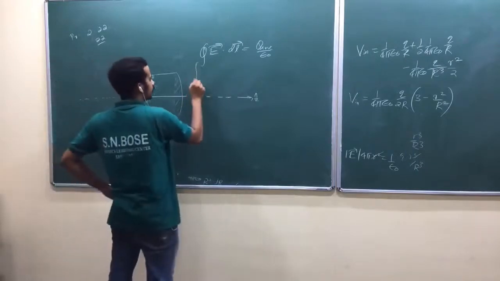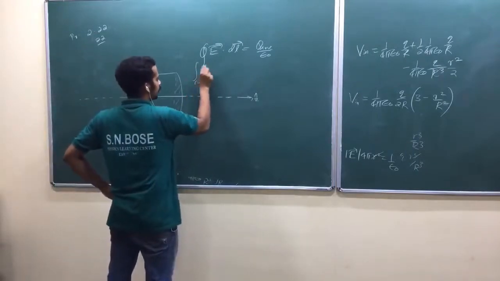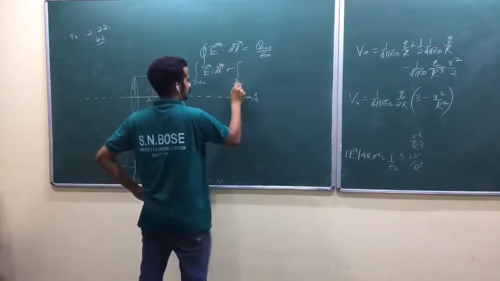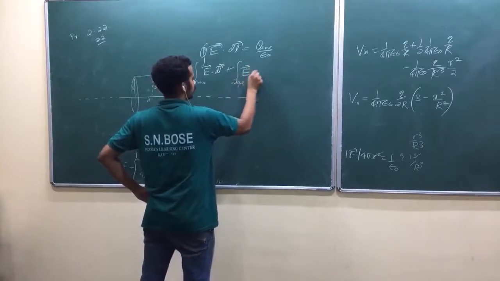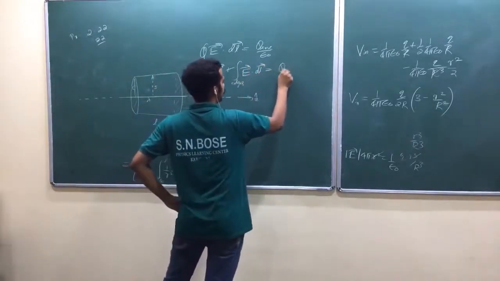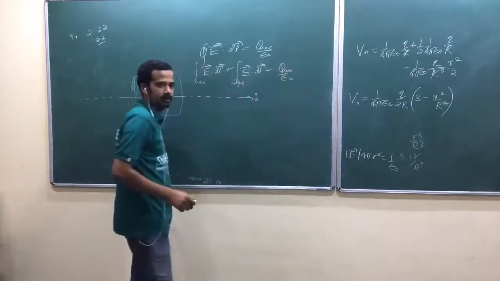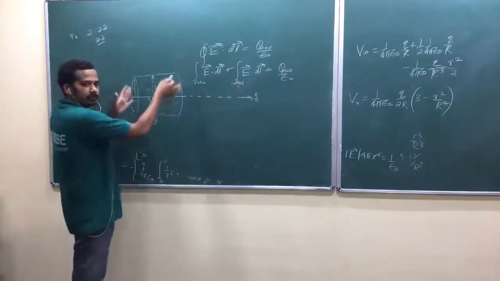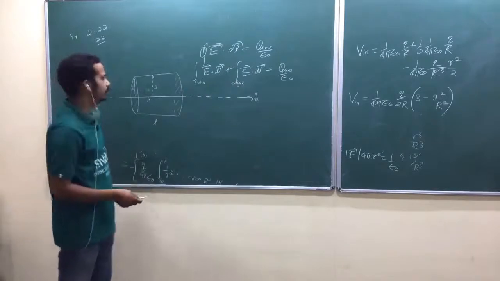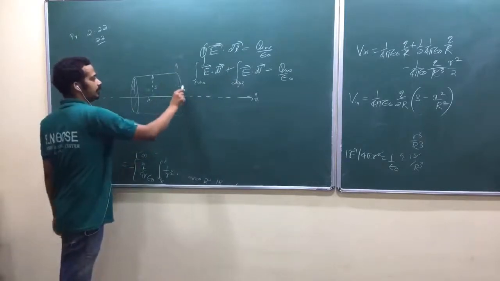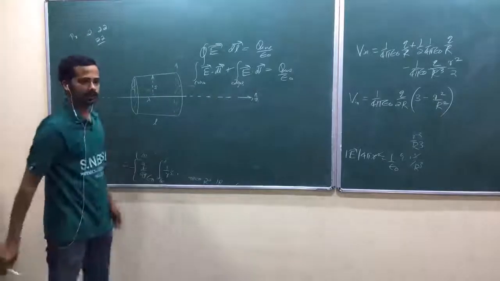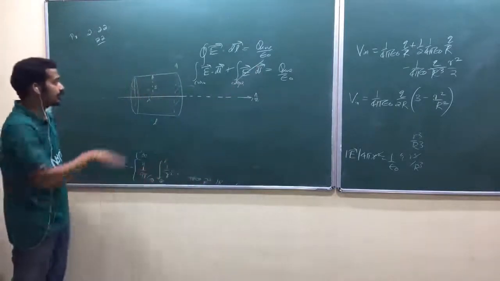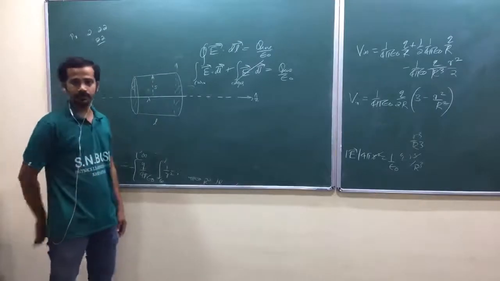I can write curved surface integral of E bar dot da bar plus edges integral of E bar dot da bar equals Q enclosed by epsilon naught. Edges means the planar surfaces, these two surfaces. They will not give any flux. Why? The electric field is along S cap, while the surface area vector is along this direction. So I can get rid of this one. Now, throughout that curved surface, the electric field is constant.